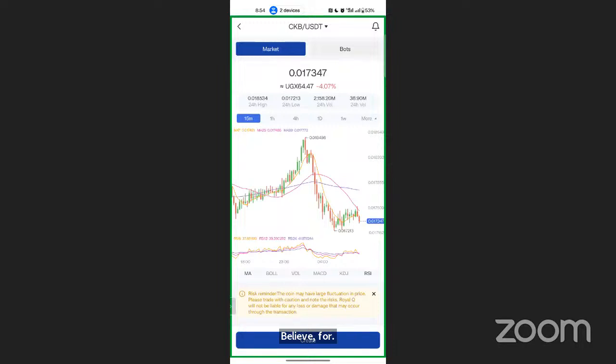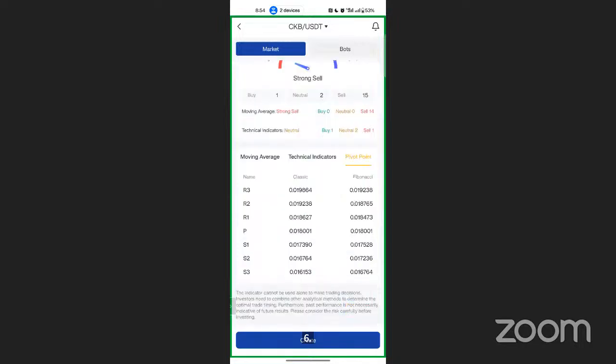Pivot point, 0.018001. Now, if you were me, would you buy Baby Doge or would you buy CKB, because CKB is below the pivot point? Definitely, I would buy CKB.